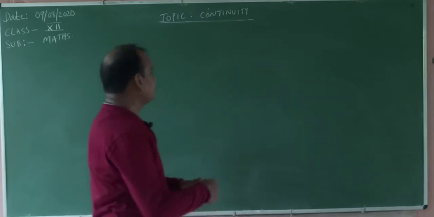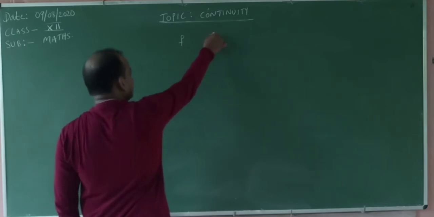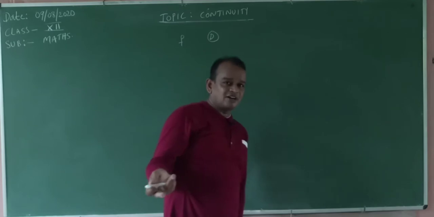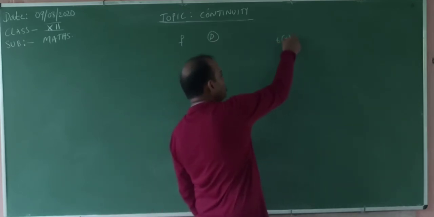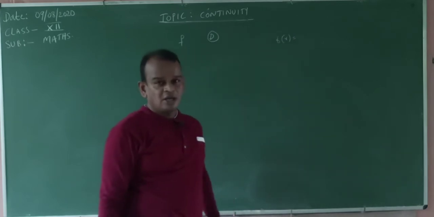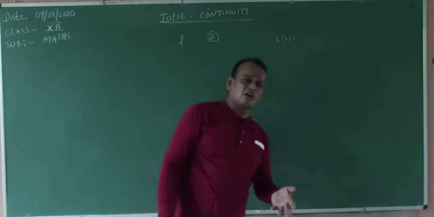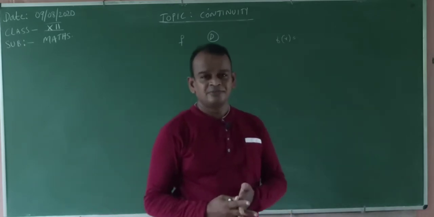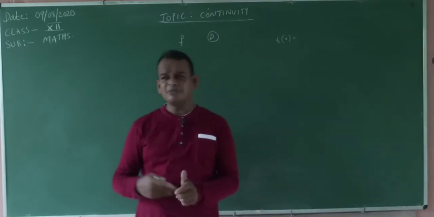Suppose f is continuous in the domain D, where D is the domain of the function. You know, sin x has domain R, cos x domain is R. f of x equal to x. Every polynomial, whether linear, quadratic, cubic or biquadratic, any polynomial of nth degree, what is the domain? Domain is R. What about mod x? Domain is R. Range means outcomes.